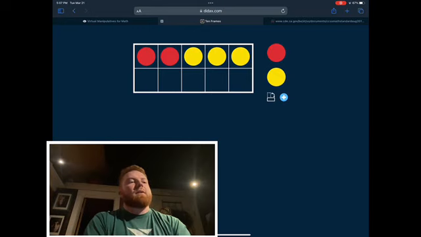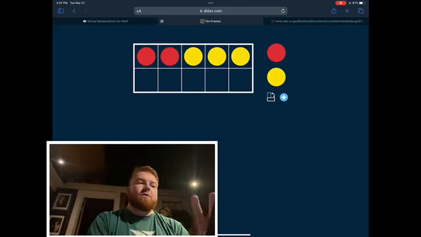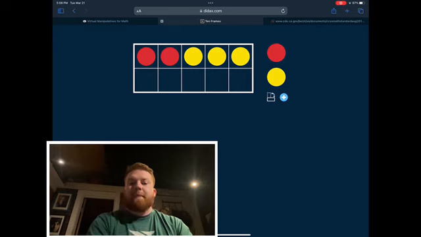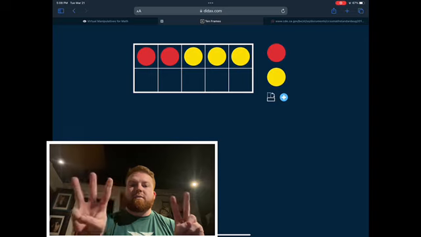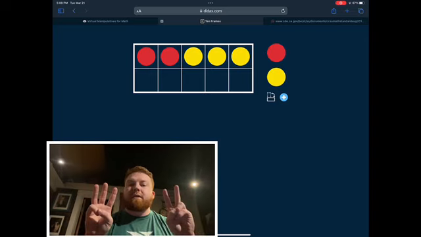Good. So this is equal to an addition problem that would say 2 plus 3 equals 5. And that's why we have 2 red and then we did 3 yellow. So we can separate and visually see that there's 2 red and that there's 3 yellow. And we know that that means 5.